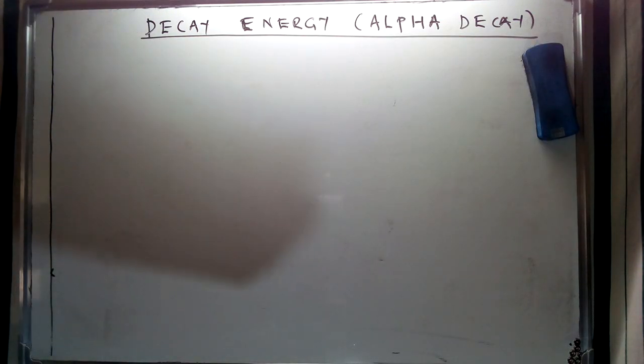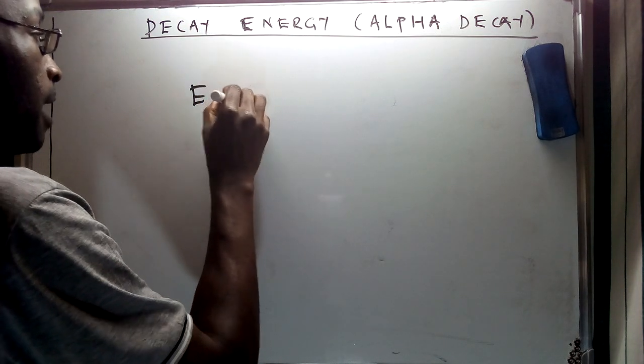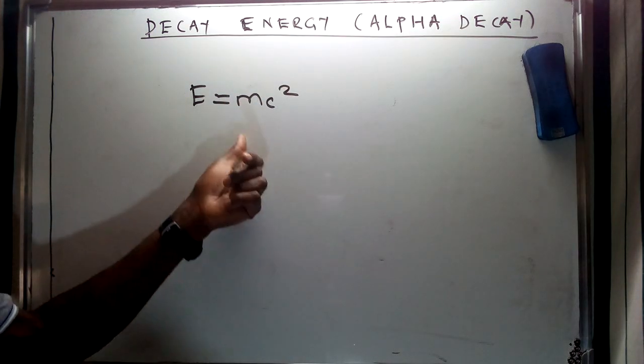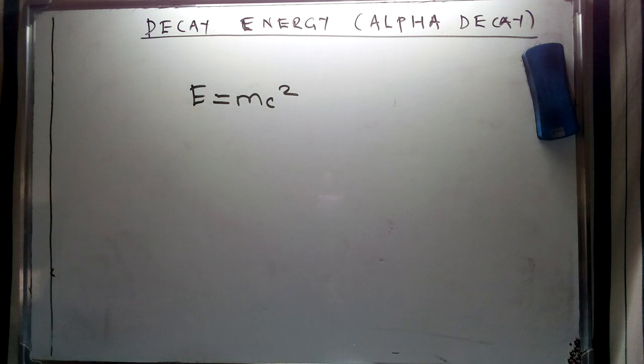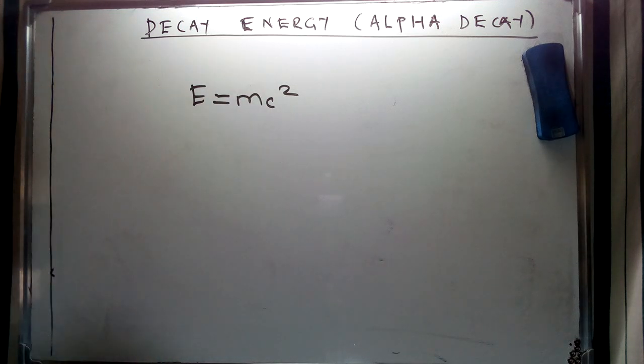And this specific change in mass can be described in terms of energy, using Einstein's energy-mass relationship, which is given as energy is equivalent to the product of the mass of the particle in reference and the square of the speed of light, given as c.